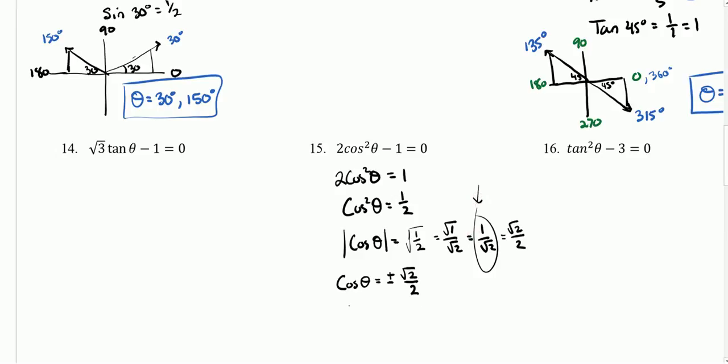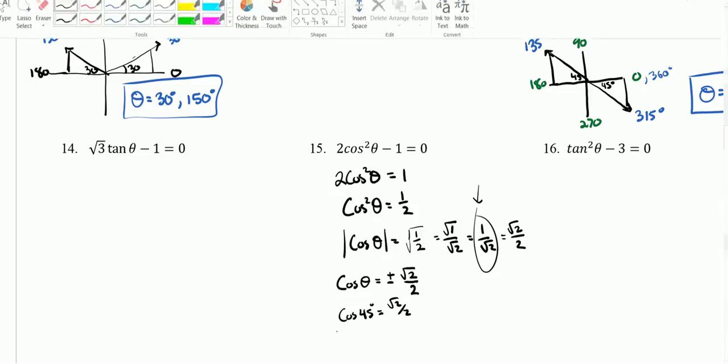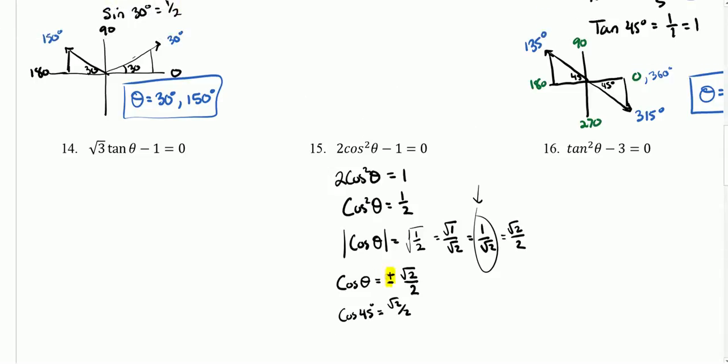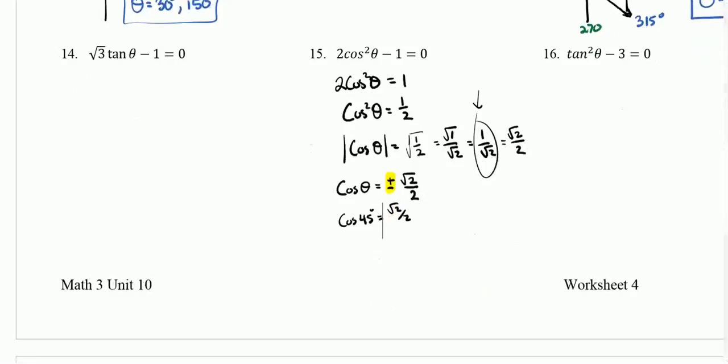So we know that the cosine of 45 is root 2 over 2, which just tells us that 45 is our reference angle. Also, we need to notice that the cosine is positive or negative. Well, cosine is our x value, and it's positive or negative in all 4 quadrants. So we're going to have 4 different answers here.